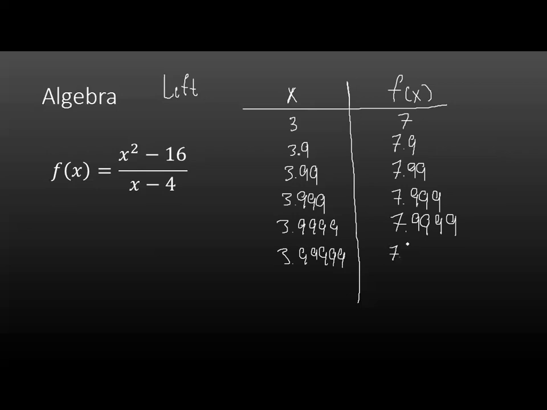So what can you observe? As you let x values closer to 4 from the left side, what will be the result? 7.9999, right?